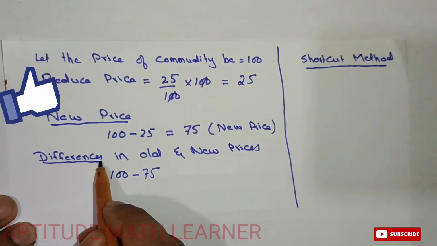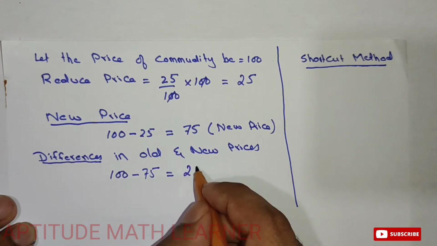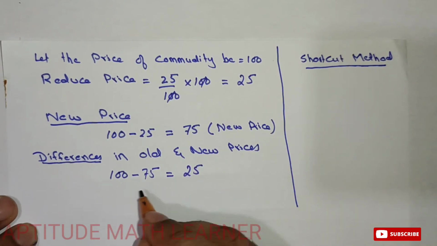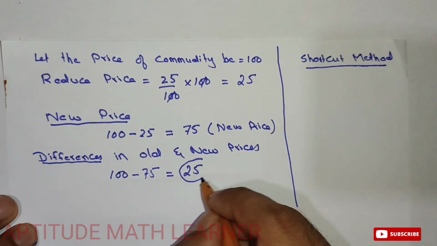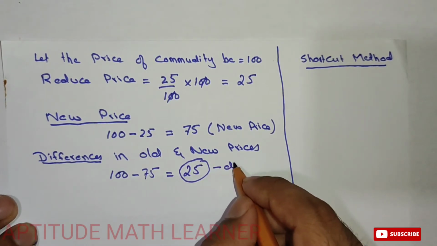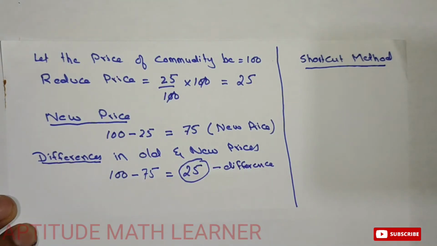So the difference in old and new price is 25. So 100 minus 75 is 25. So this 25 is the difference between the old and the new price.